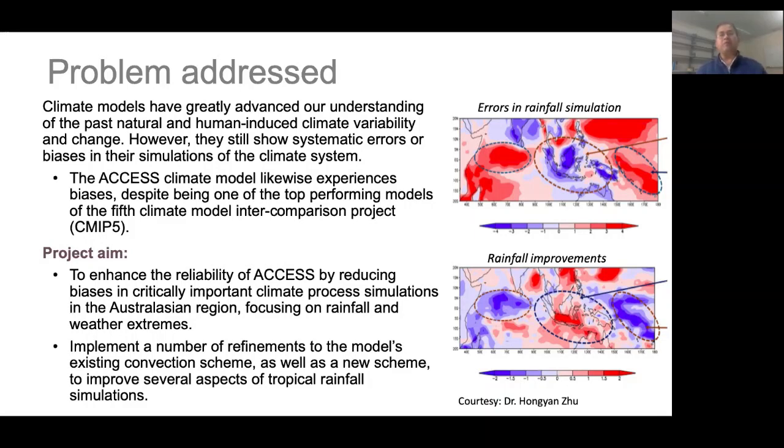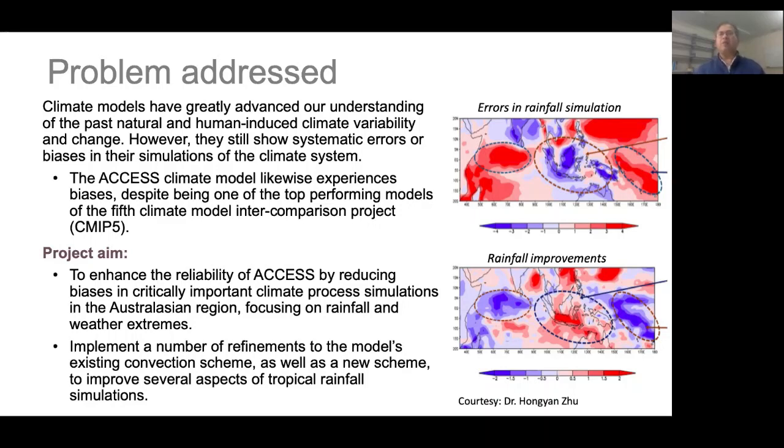Despite this good performance, however, ACCESS shows systematic biases in its simulation of important climate variables such as rainfall, and these kinds of biases are common to all climate models in one form or another. Our project aims to reduce some of these biases by improving the model's representation of convection.